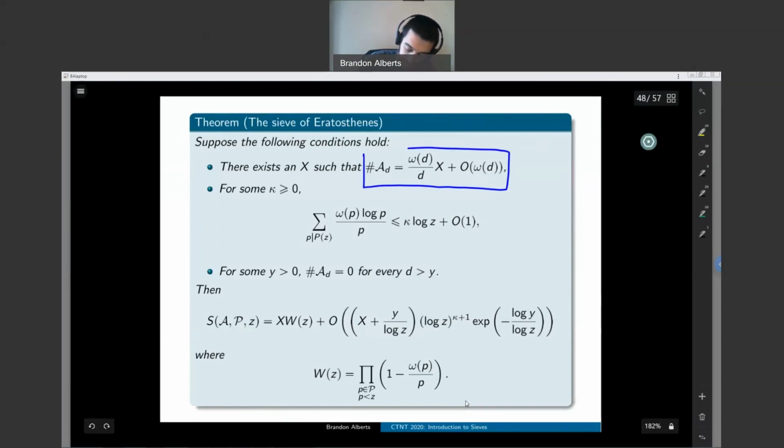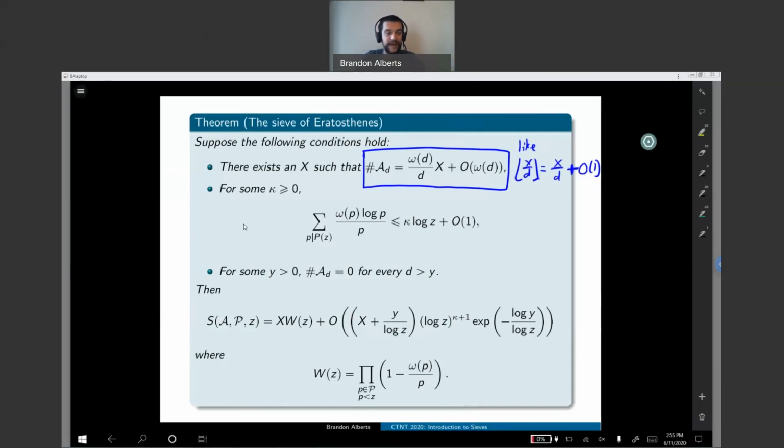This is our approximation for the bad sets. This is like the floor of x over d being equal to x over d plus big O of 1. We've generalized this a little bit. We put a capital X here, even though we're looking at integers n less than or equal to little x.